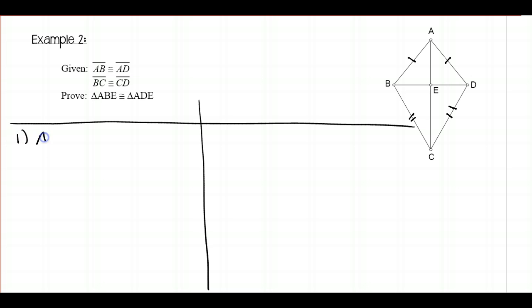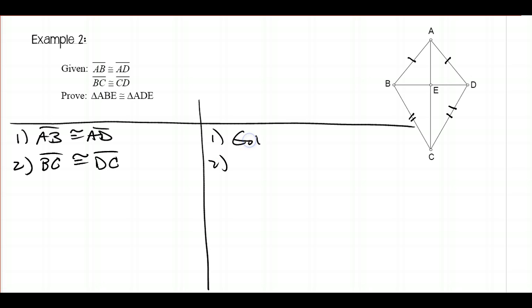So I've got segment AB congruent to segment AD, and segment BC is congruent to segment DC. Notice I fixed that corresponding order there. So that's given. And then I can use my reflexive property for AC, congruent to AC.